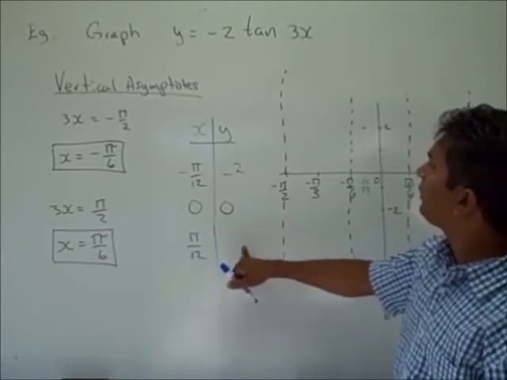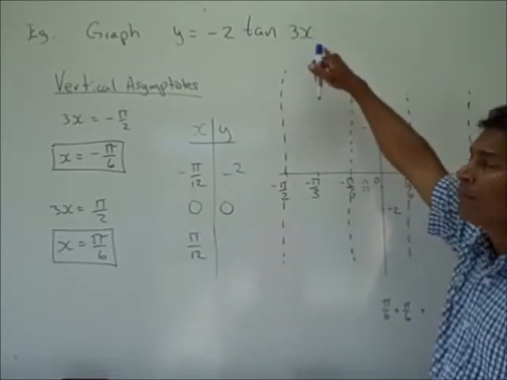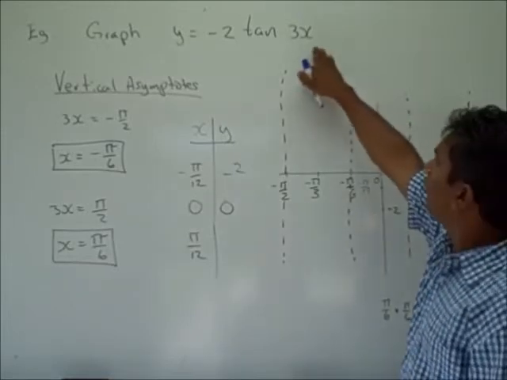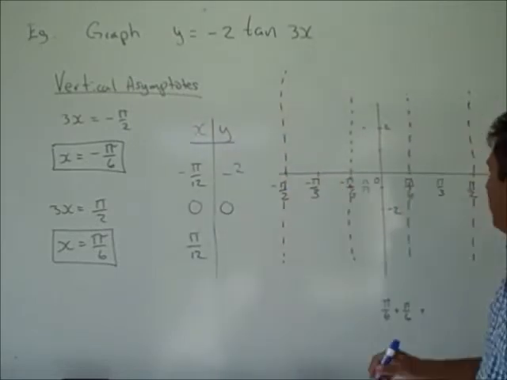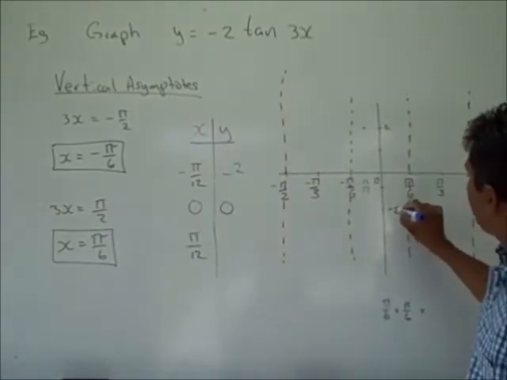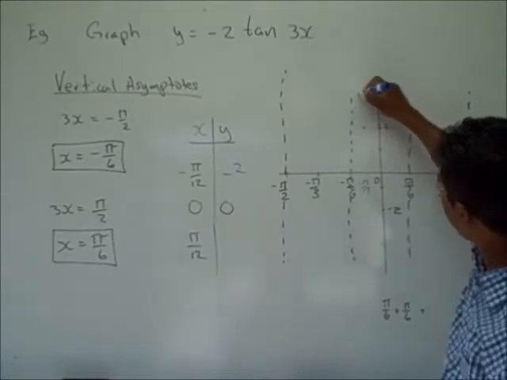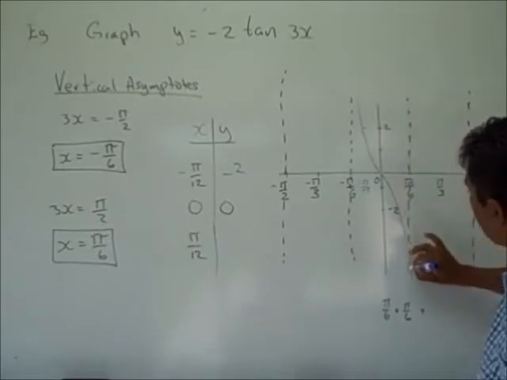When we plug in pi over 12, this becomes 3 times pi over 12, which is pi over 4. So it becomes negative 1 and 1 times negative 2 is negative 2, so this becomes negative 2. So our sketch of the first period for this graph would look like this.